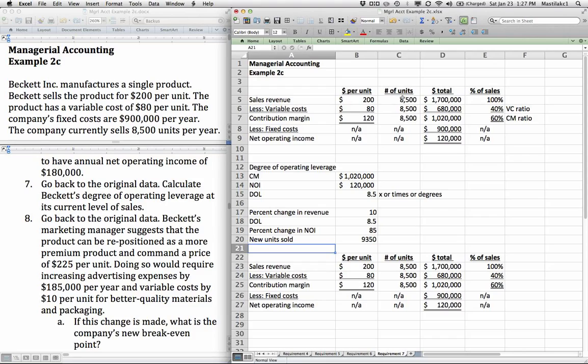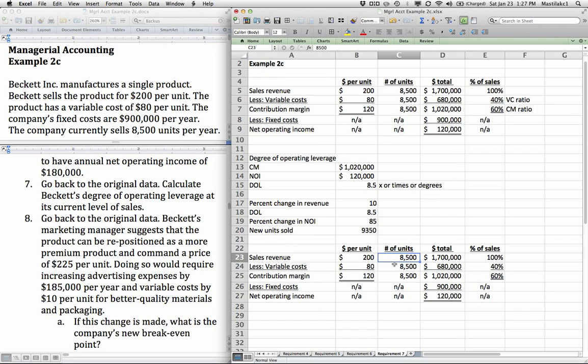You add 850 to the 8,500, so the 10% change means our total units sold is 9,350. If we adjust our units upward from 8,500 to 9,350, revenue goes up to 1.87 million.